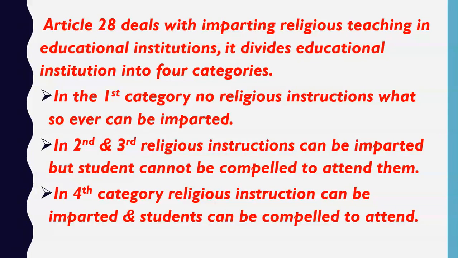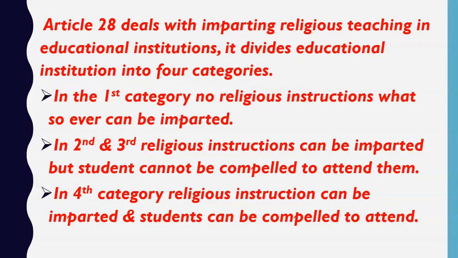Now friends, the fourth category means educational institutions which are managed by the state but founded by funds in the form of religious endowment or charity. In this category, religious instructions can be imparted, meaning religious teaching can be done. And friends, students can also be compelled to attend, meaning authorities can force the students to attend the religious teachings.